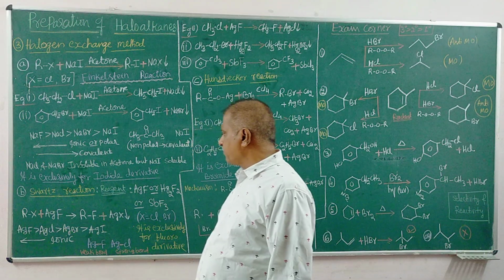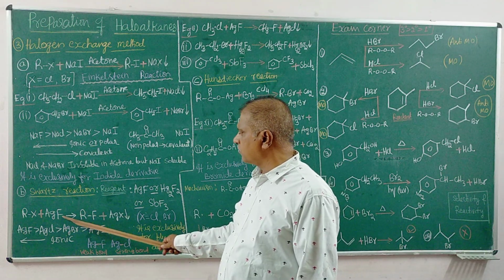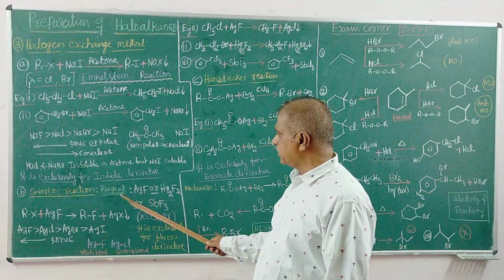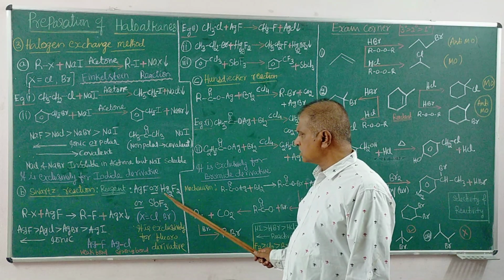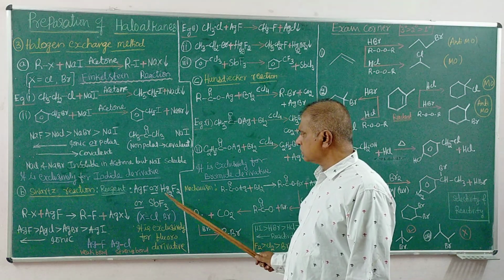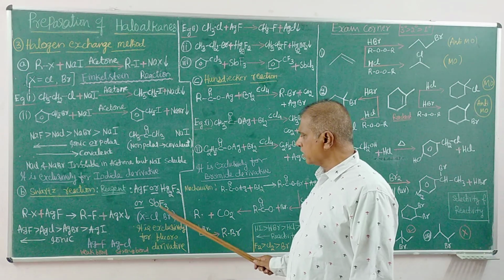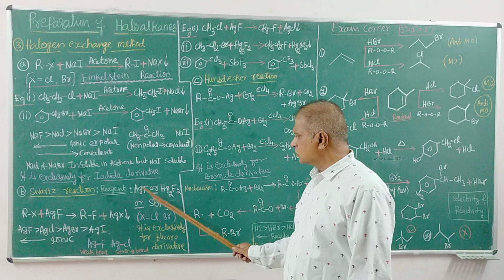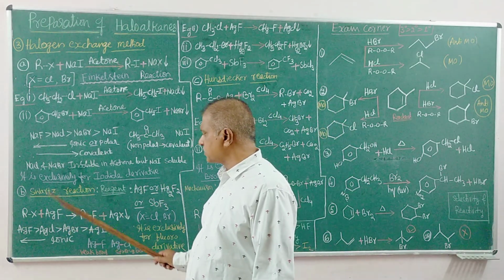Ag is a heavy metal, and this is the fluoride of a heavy metal. So the reagent can be this, or two more reagents: mercury fluoride, Hg2F2, and antimony trifluoride, SbF3. These are heavy metals, so fluoride of a heavy metal is used as the reagent in this reaction.